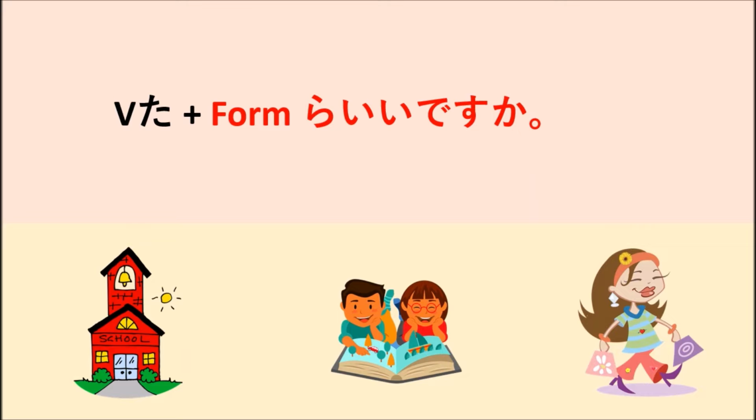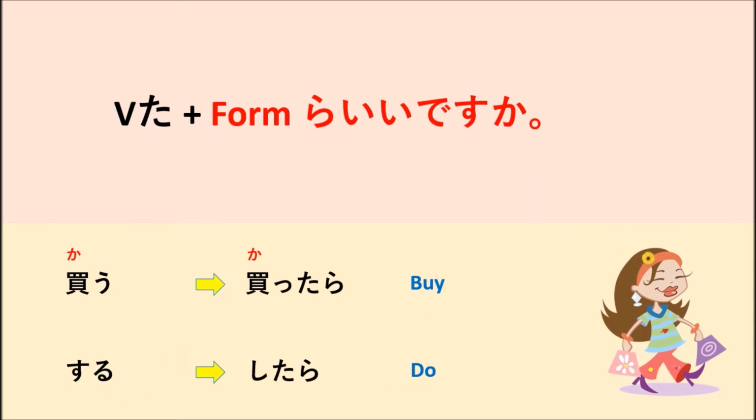To better understand how to use the expression tara ii desu ka, we should first know how to make the form from the verb. In this form we have ta plus ra, followed by ii desu ka.